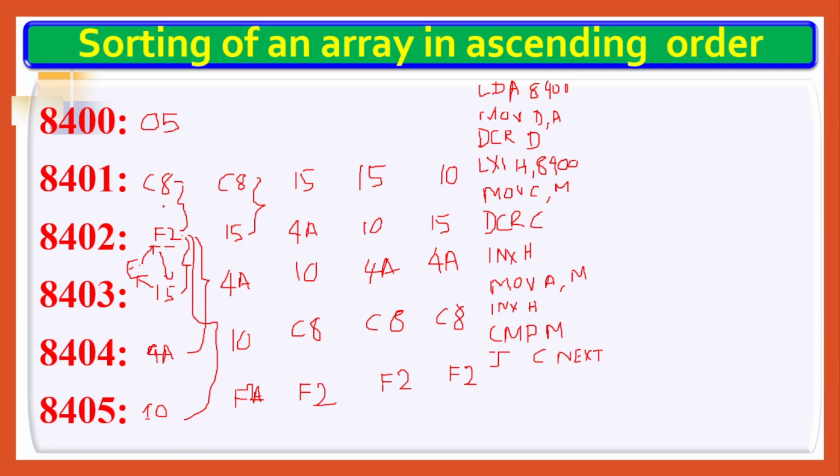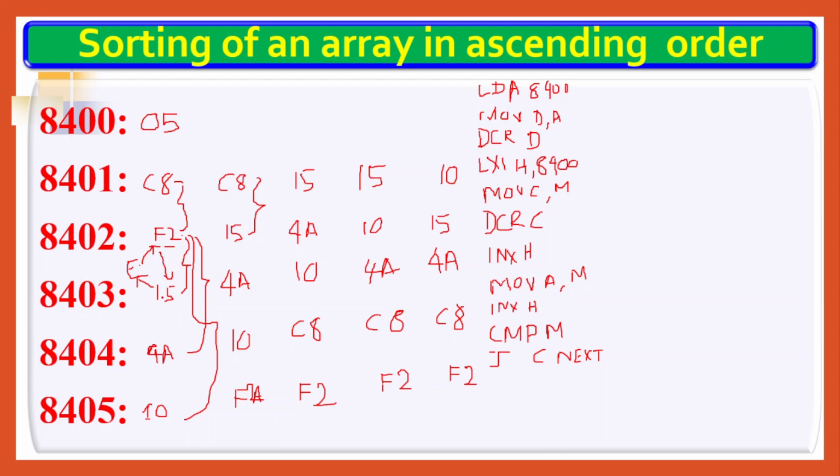For example, C8 minus F2, carry will occur. If carry occurs, it is already in ascending order, no need of exchange. Suppose no carry, then what do we have to write next? Whenever we write a conditional jump, what we write next is for when the condition is not satisfied. For example, in this comparison F2 minus 15, if no carry occurs, what do we have to do? We have to exchange these two.